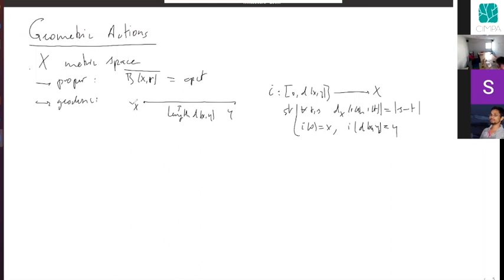Now I look at a group G that acts on X, and I say that this action is geometric if three properties are satisfied. The first is that it acts by isometries, meaning that it is distance preserving. Then I want the action to be properly discontinuous.